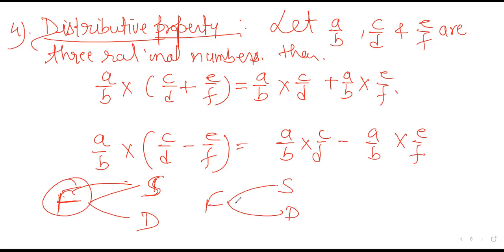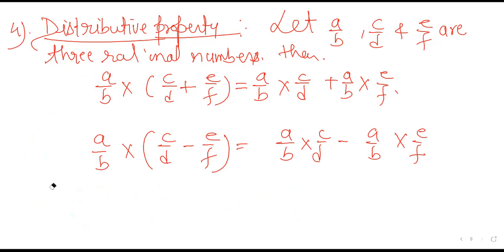Similarly, take a/b as the father, c/d as the son and e/f as the daughter. So a/b will be the father of both the kids, c/d and e/f. This is only for your entertainment, not for me. You can understand this easily if you know the practical things.